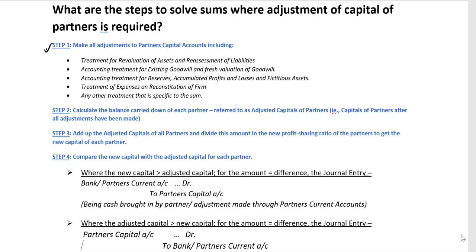Now this is step 1. That is to make all adjustments to the partners' capital accounts.